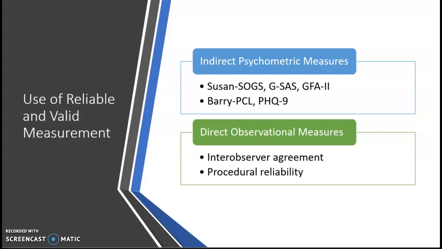So we know that behavior analysis relies on direct observational methods in the applied setting. So inter-observer agreement and procedural reliability are important to assess validity and reliability in this setting. The text gives us examples of simulating computerized slot machines for Susan and exposure therapy for Barry in order to make observations. When creating an interdisciplinary approach, both of these types of measures are necessary, as is stressed throughout this chapter.